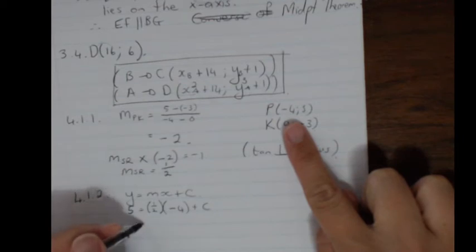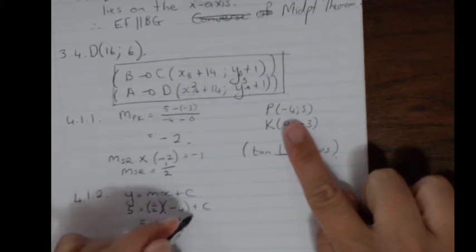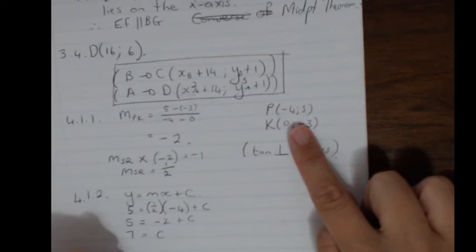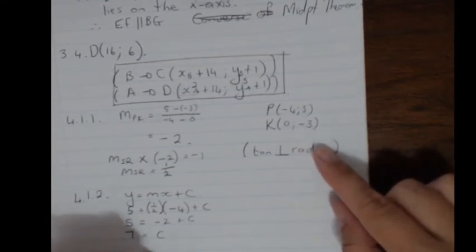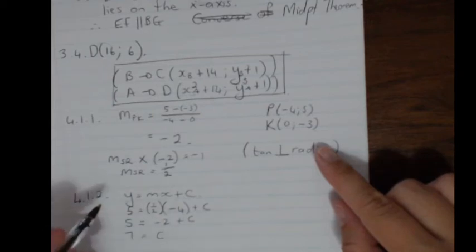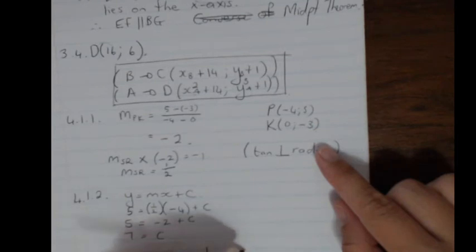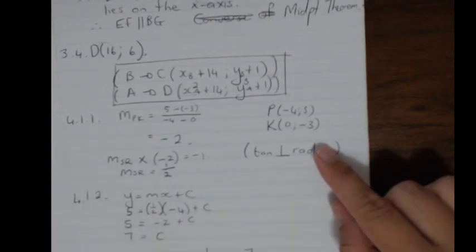And from this I can get my c value. Half of -4 is -2. And then jump the 2 over, so I have 7. c is 7. That means the equation of SR is going to be y is equal to a half x plus 7. Okay.